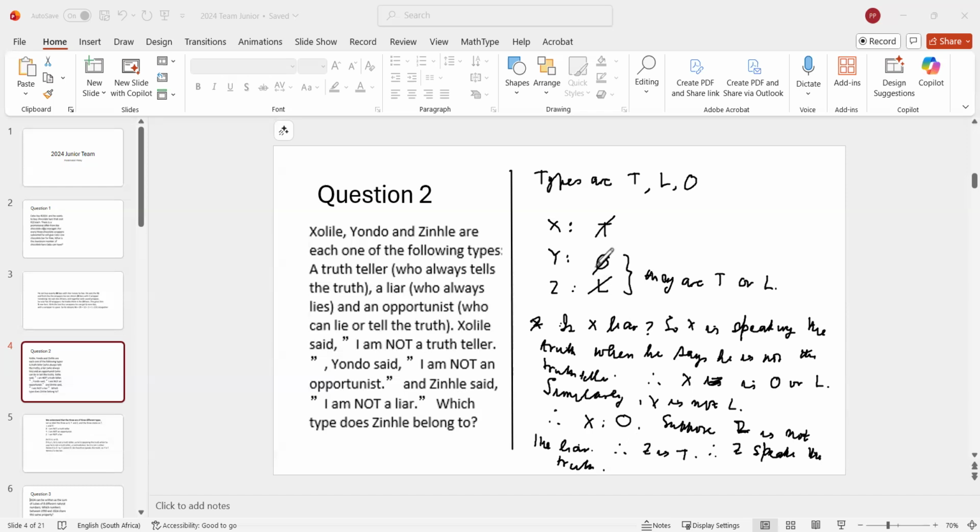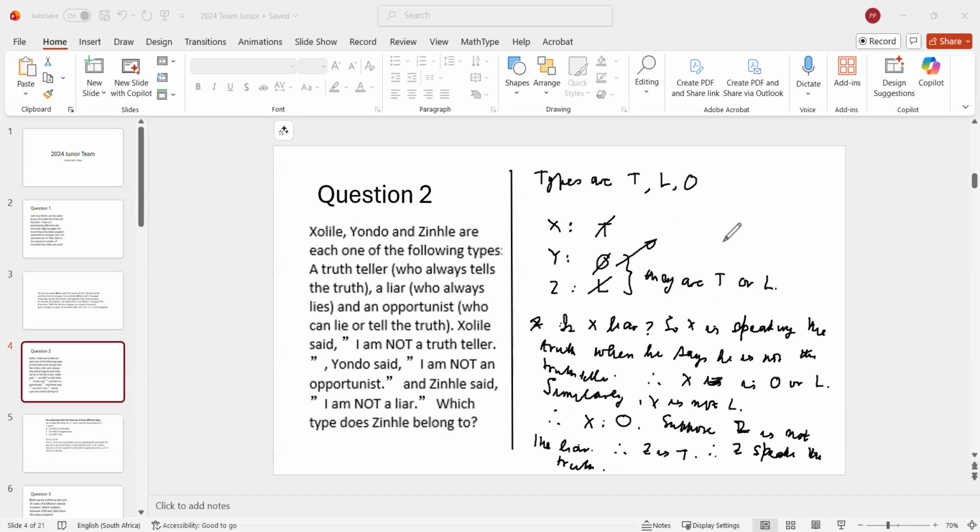But the other one is, suppose if you look at Y, he says he is not the opportunist. So Y is also speaking the truth. Let's look at Y. Y is speaking the truth. He says, I am not an opportunist, and we just came to the conclusion that X is the opportunist.